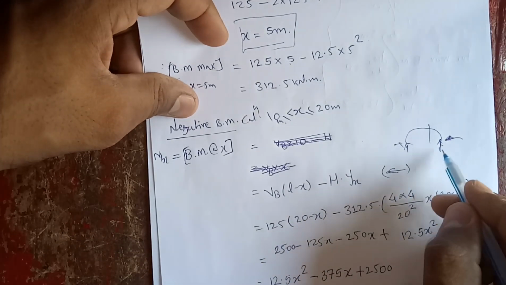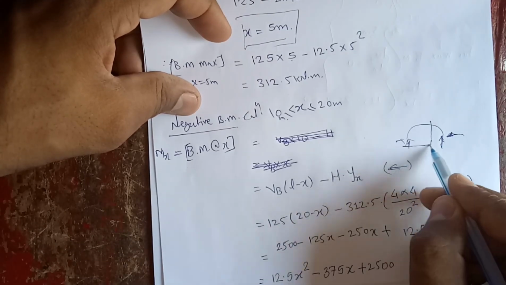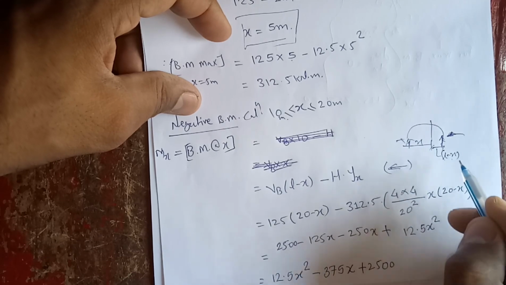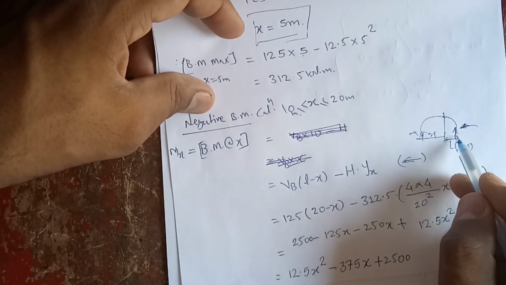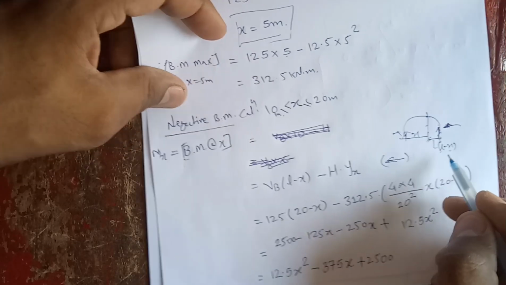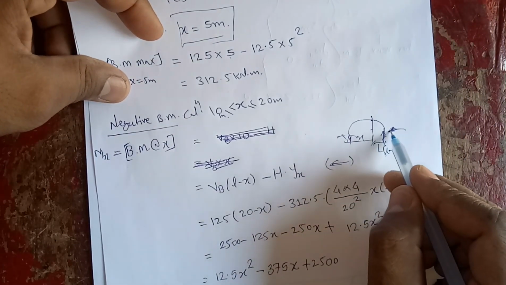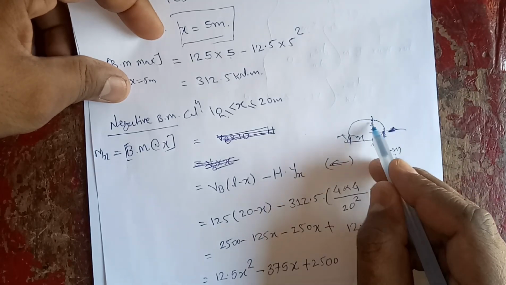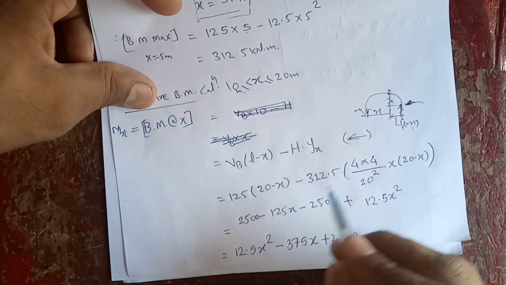Assuming this is x distance, the remaining distance will be L minus x. So the bending moment will be VB multiplied by this distance, L minus x, and then this horizontal reaction multiplied by yx.